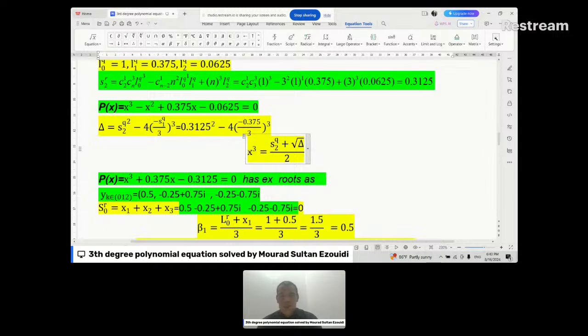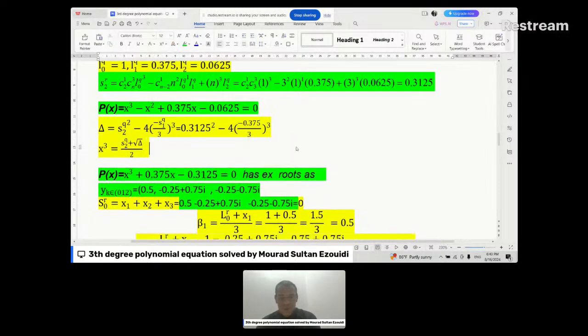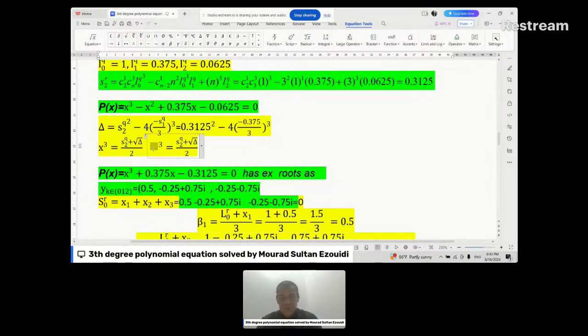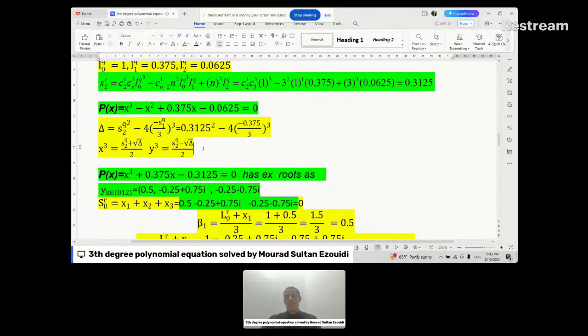Now y cubed is that. This is y cubed now, learners, is equal s2 for the cube minus delta. Now I'm going to work out the value of delta, learners. Therefore, after finding y cubed and x cubed, just find the cube root of this one.